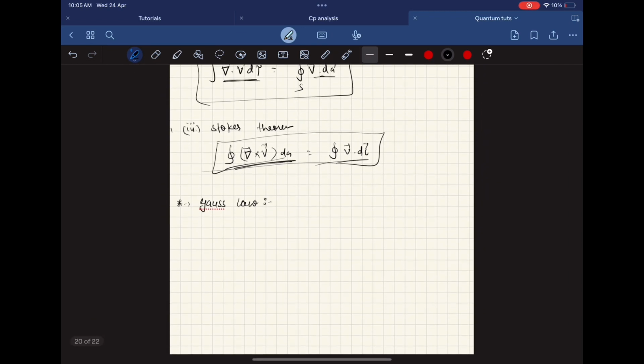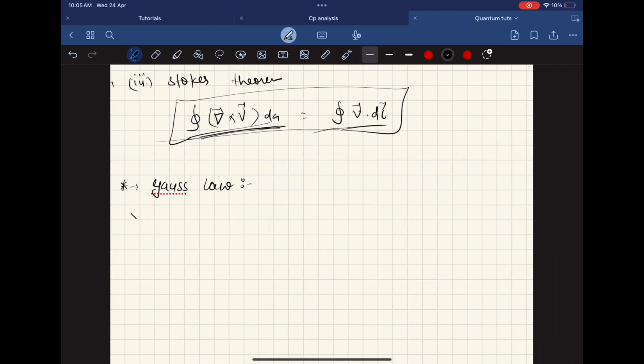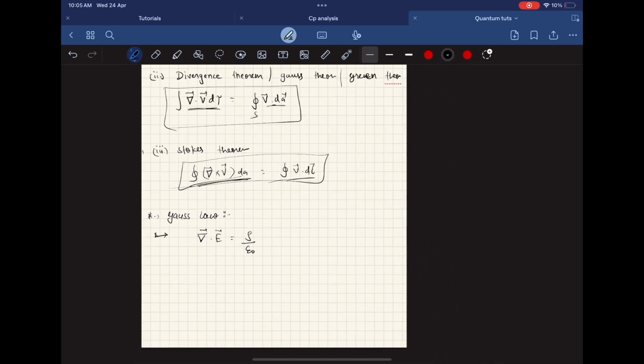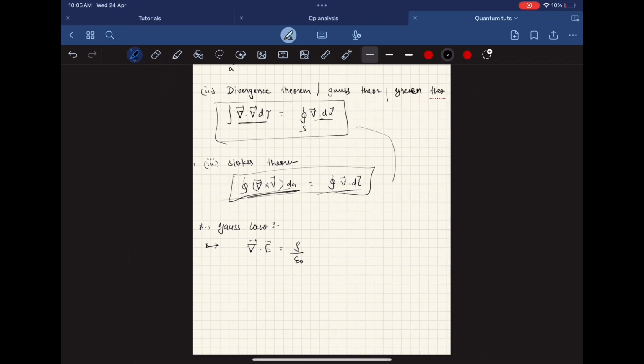The statement of Gauss law is del dot E equals rho upon epsilon naught. Now let's see, if I apply this divergence theorem to Gauss law, then what happens? Integral of del dot E d tau equals the surface integral of E dot dA.